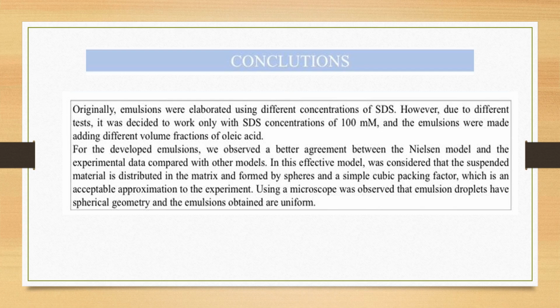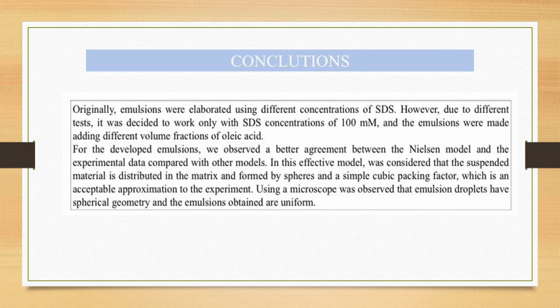Additionally, we observe emulsion behavior at different temperatures. At first, we can see the behavior when you just have the SDS. It has a growing behavior, and the oleic acid behavior of the conductivity is similar.